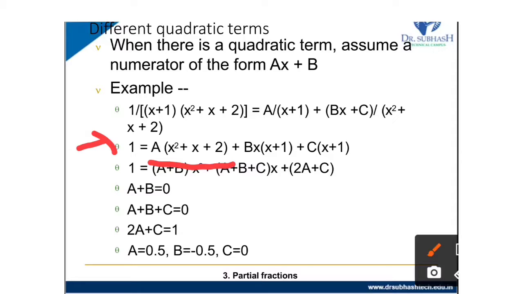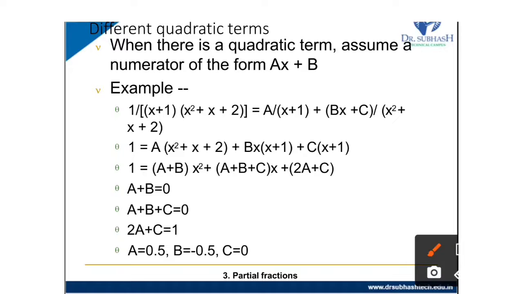Now for bx plus c, the x square plus x plus 2 will be cancelled and x plus 1 will be multiplied, and we will open the bracket. So bx multiplied by x plus 1 and c multiplied by x plus 1.